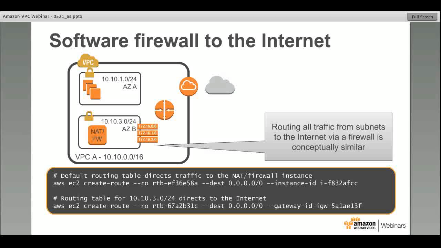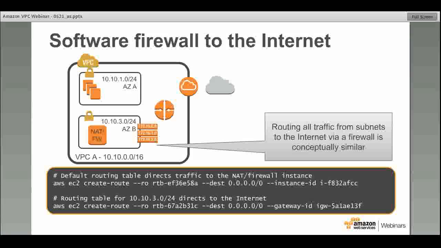Another configuration that is similar is a configuration where I'd have a custom NAT or firewall appliance that I want to have sit between instances in my VPC and the internet at large. And again, here what I've done is I've created a secondary routing table, and in the secondary routing table for my .3 subnet, I'm just going to direct all traffic from that subnet straight out to the internet.